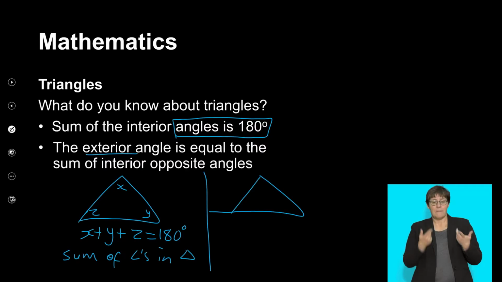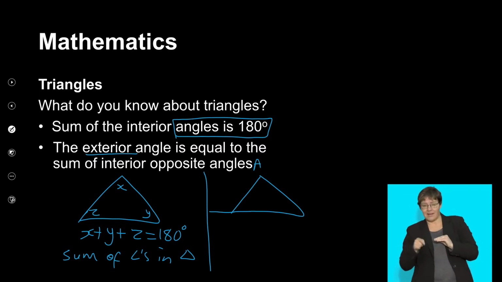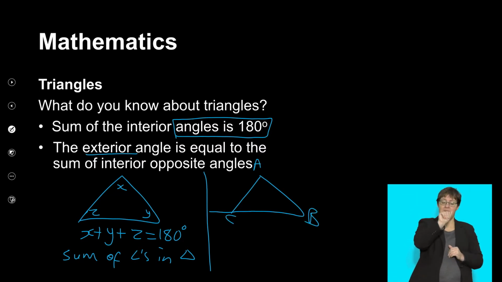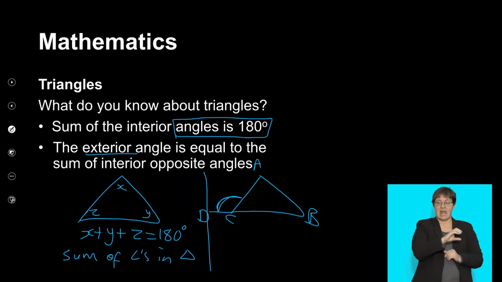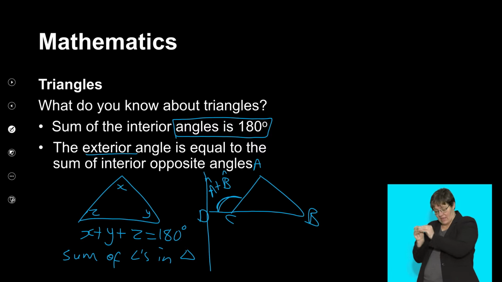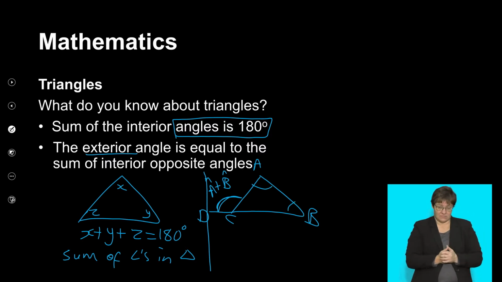Now, that simply means if I say this is my triangle ABC, and then they extend it to D, then this angle outside here between AC and DC will be equal to angle A plus angle B. That's what we mean when we say an exterior angle is equal to the sum of the interior opposite angles.